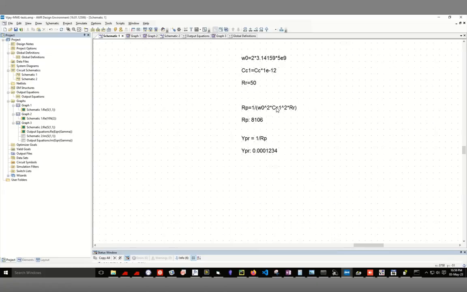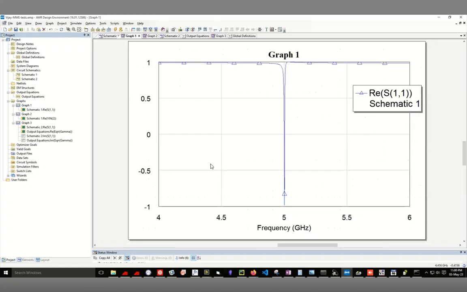And the smaller the capacitor is, the larger this value will be, and the sharper the resonance will actually be, which is also plotted here. So this is the sharp resonance you have.